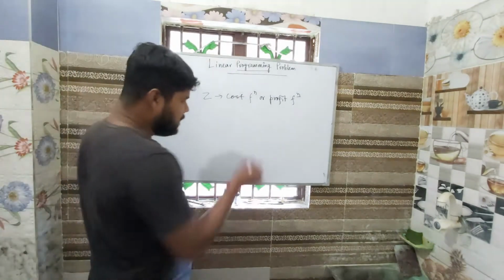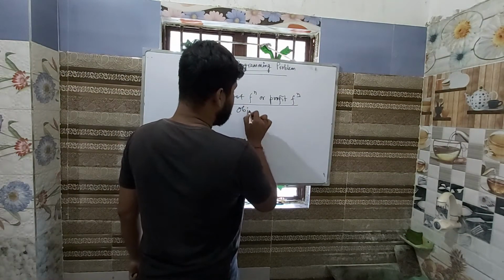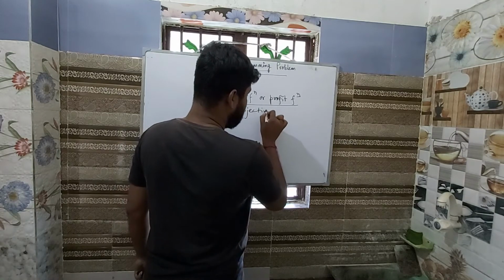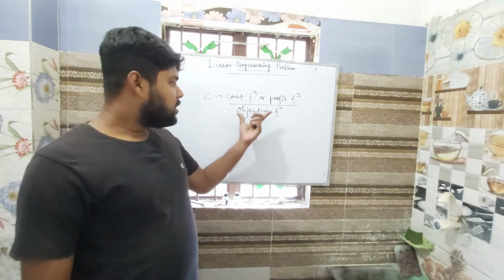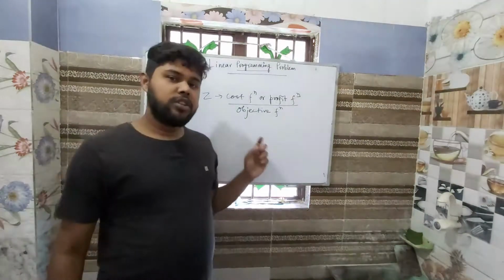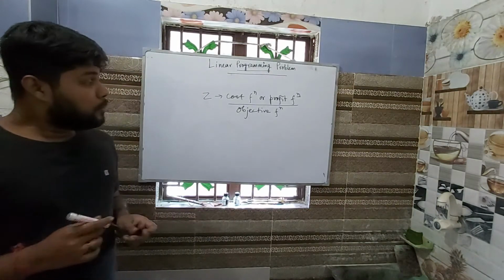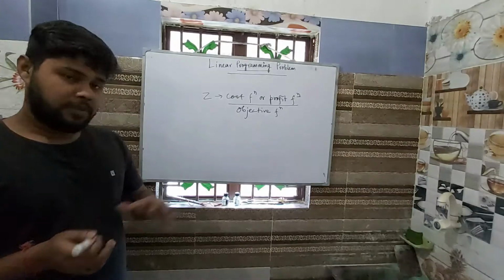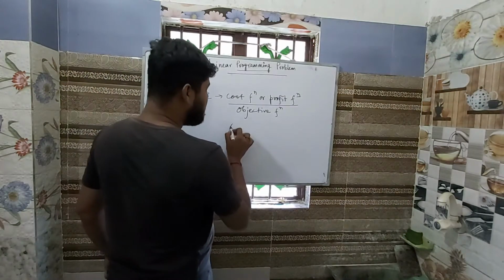In general, it is called an objective function. Objective function means that this is the main function on which we are going to work. Now, this function as given, we will try to optimize it.